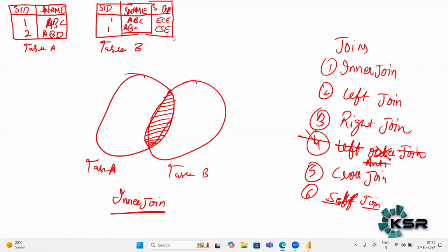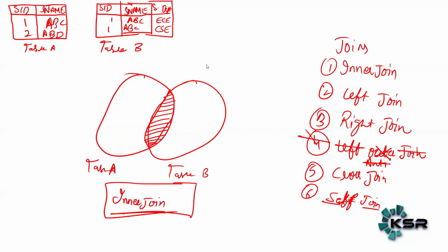Clear? Inner join. So now on this inner join itself, we will build everything. Left outer join, right outer join. I'll tell you how to build that. So now what is left join?